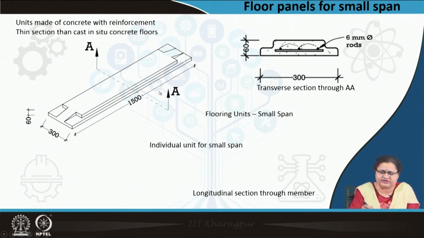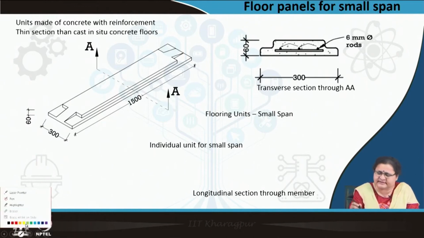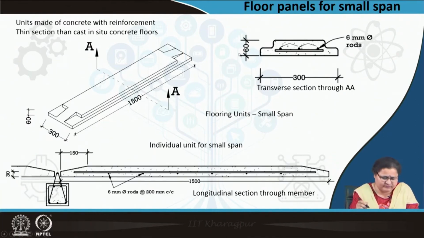If you cut a section through AA, you will see the thickness is 60 millimeter, which is smaller than that of a cast in situ system, and you see the reinforcement bars inside it when it is fabricated.